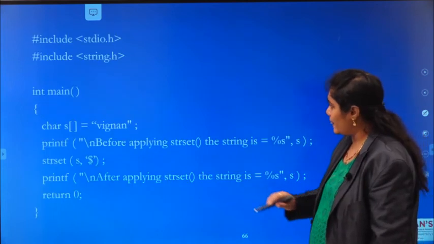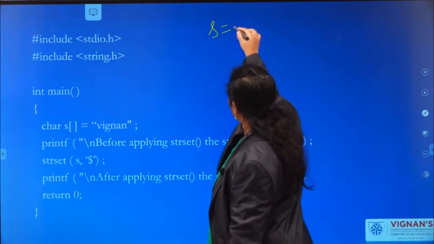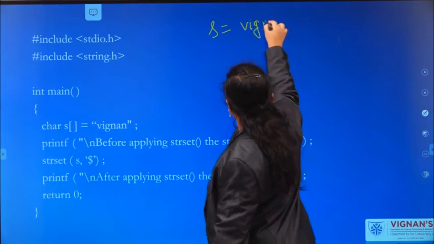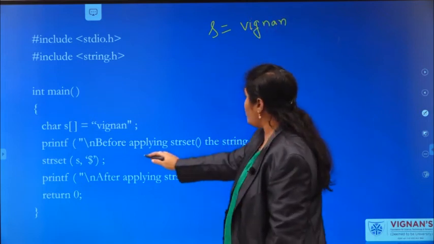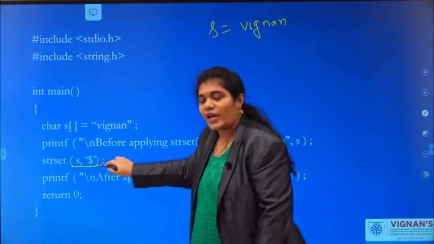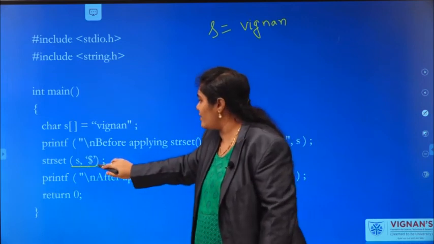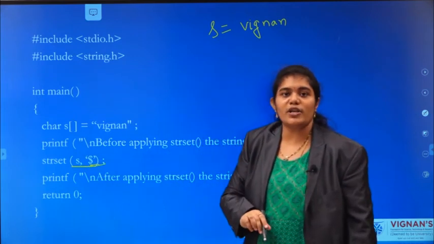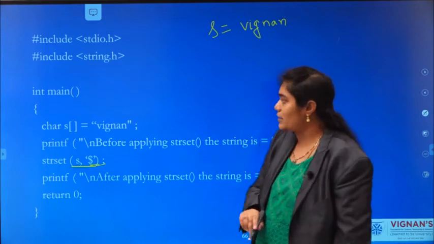See with an example. S is pointing to Vignan. Now you are going to change the content of the given string with $.